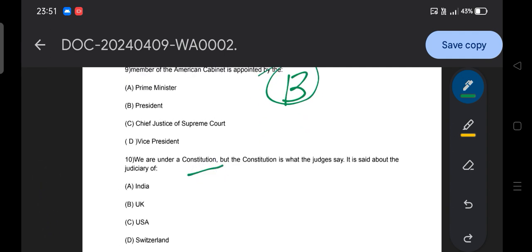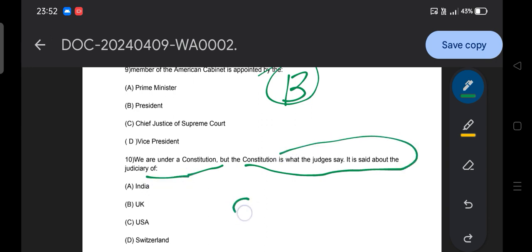We are under a constitution, but the constitution is what the judges say. This is said about the judiciary of the USA. Okay, so the judges in America are so powerful compared to the rest of the world, because once a judge of the Supreme Court is appointed, they serve for a lifetime.